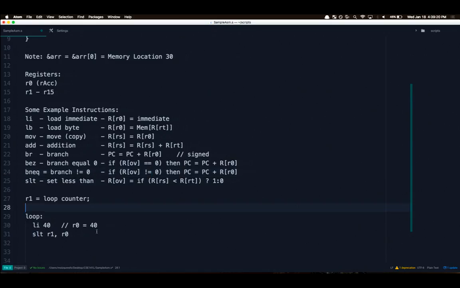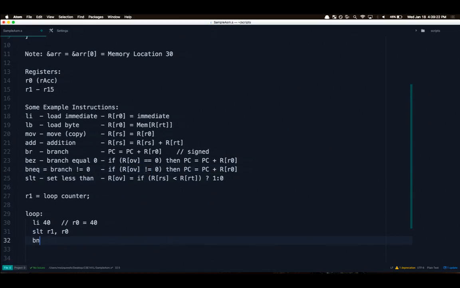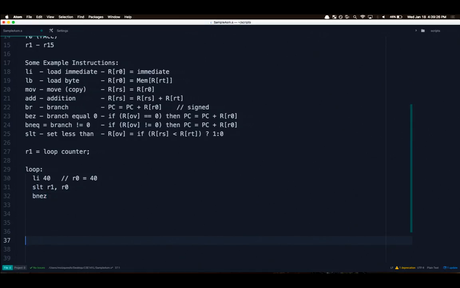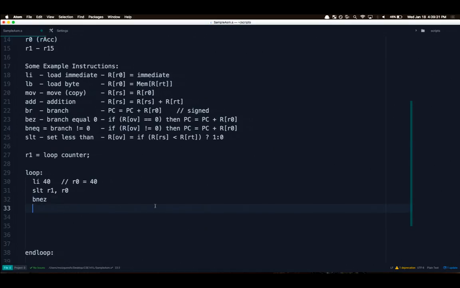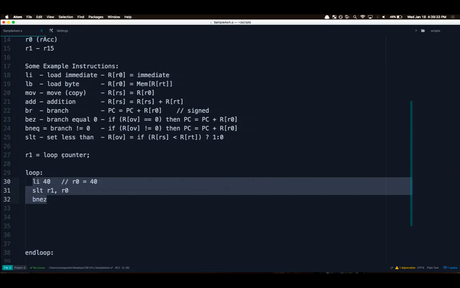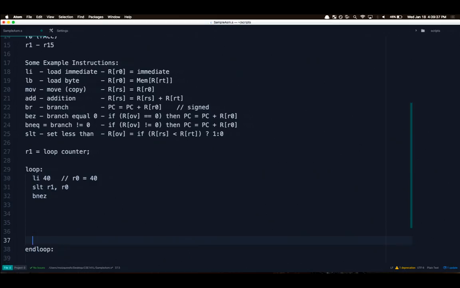So I can do BNEZ, and then somewhere around here, I'm going to have end loop. So this just checks to see if my loop is okay at the beginning, because we're going to be branching back somewhere over here. Branch loop.